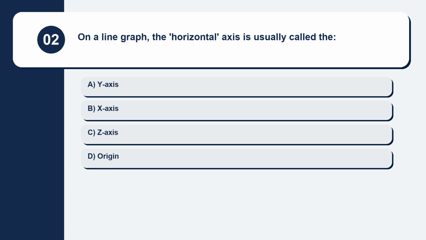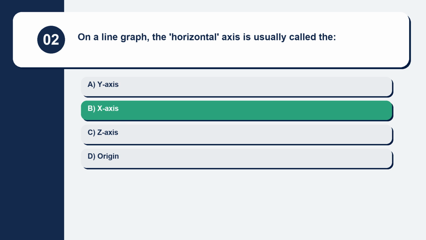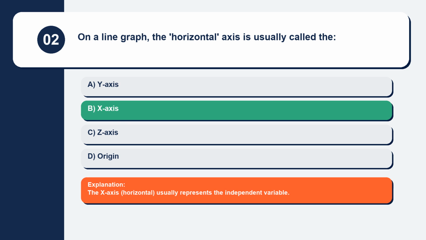Question 2. On a line graph, the horizontal axis is usually called the y-axis, x-axis, z-axis, origin. The x-axis, horizontal, usually represents the independent variable.